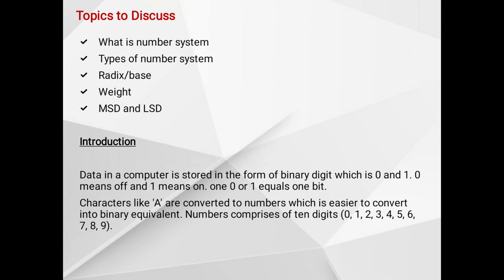In the introduction part, data in a computer is stored in the form of binary digits, which is 0 and 1. In the first chapter you have seen how a computer stores data, in the form of binary, which is a bit, 0 and 1. 0 means off and 1 means on.